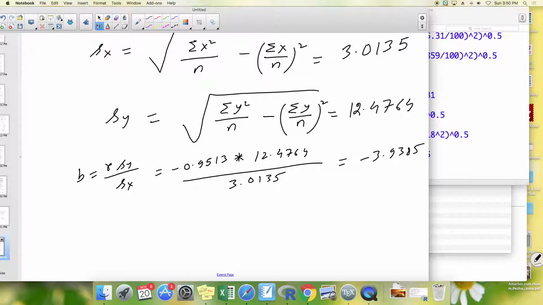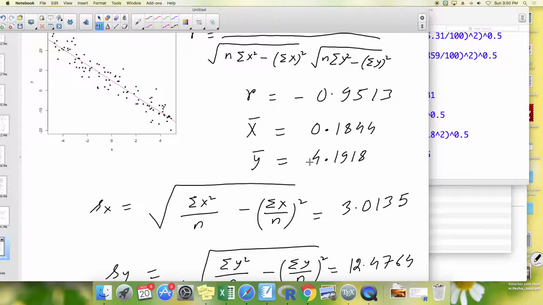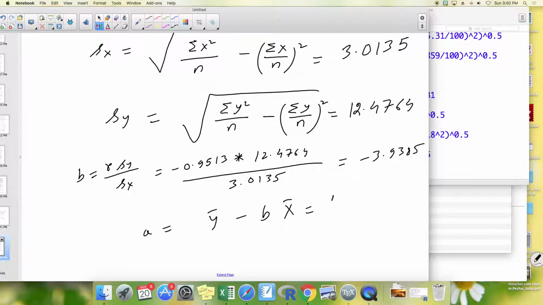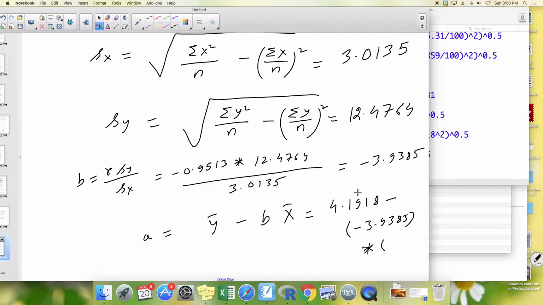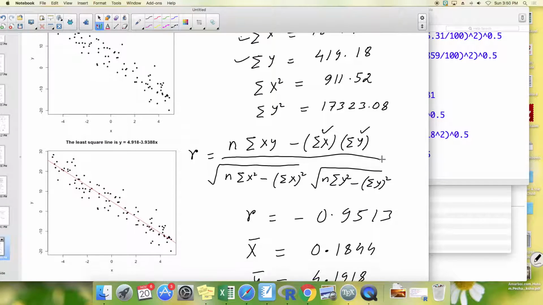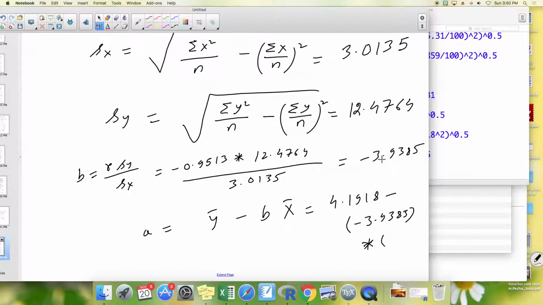Minus 3.9385, and a equals y bar minus b times x bar, which is 4.1918 minus 3.9385 times x bar, which is 0.1844.